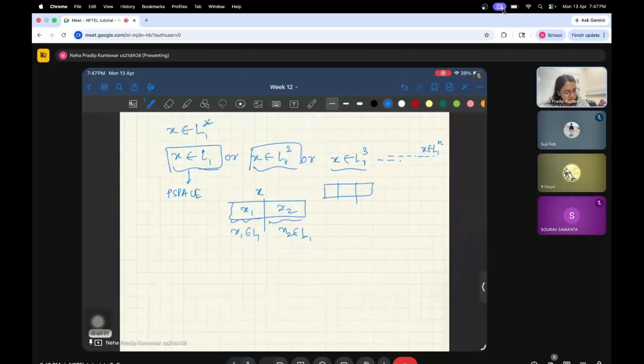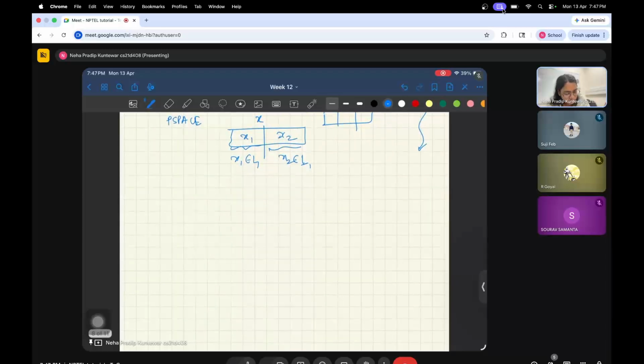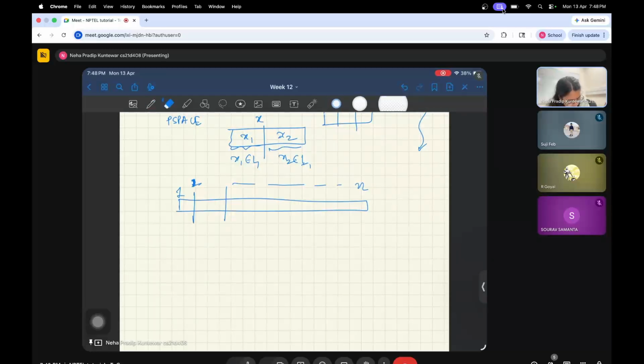I'm maybe not writing all the steps here, but you'll have to go through all partitions. Assume the first partition could be anywhere from index 2 to n. If the first partition happens at i1, between 2 and n, the second partition could be between i1 and n. The third partition could be between i2 and n, and so on.